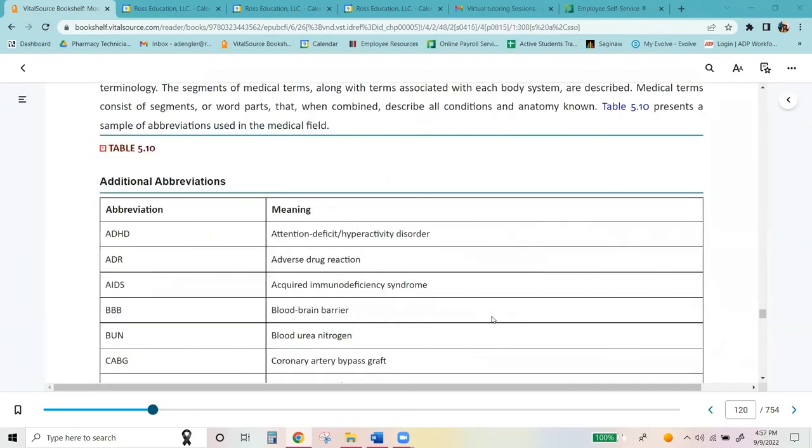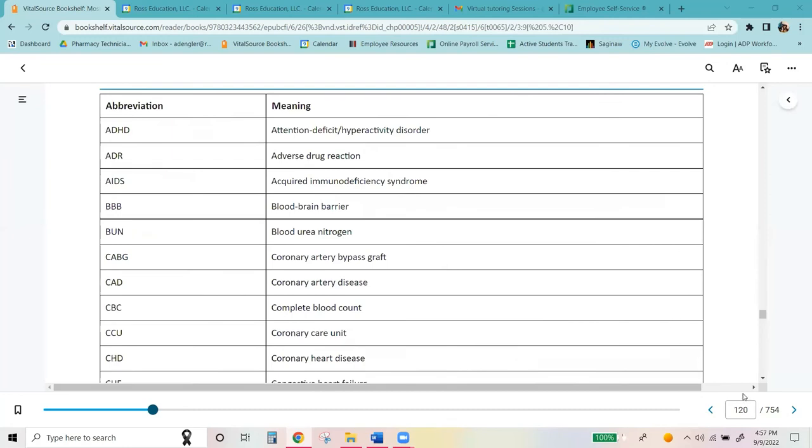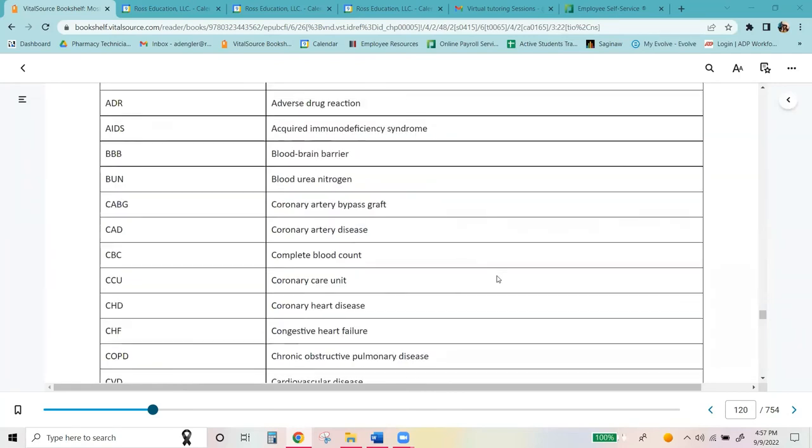Medical terminology, table 5.10 has additional abbreviations. These are abbreviations used for basically medical things, not necessarily pharmacy. So ADHD, ADR, which is an adverse drug reaction, AIDS, BUN, blood urea nitrogen. So you have all of these.